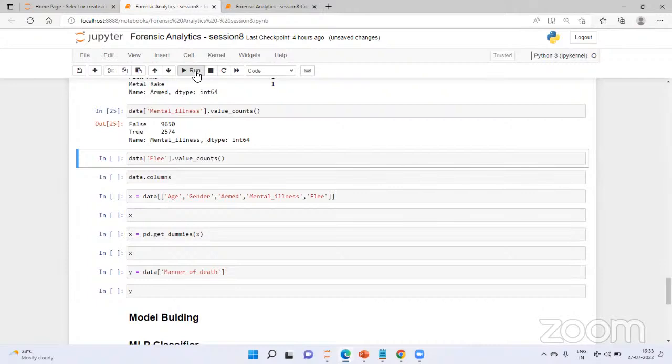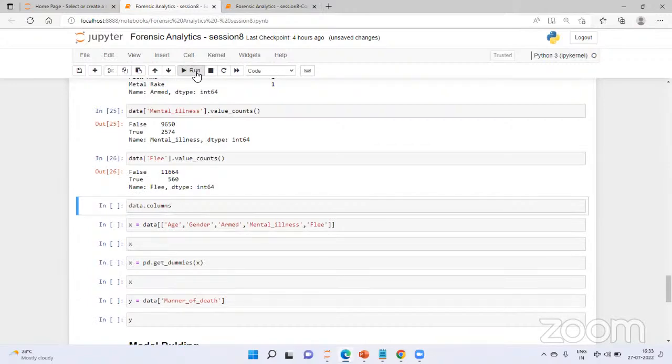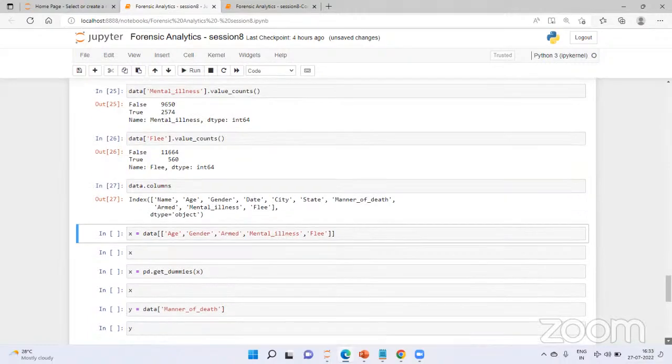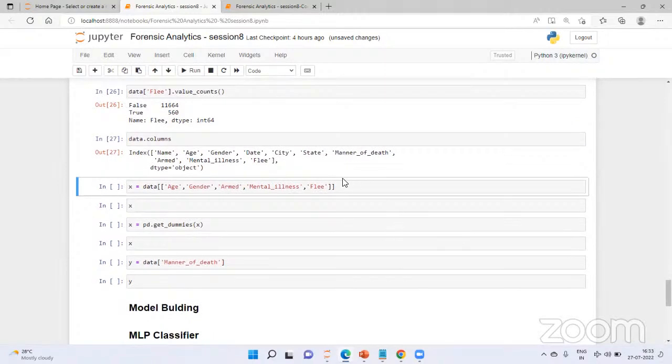Now flee is another column, related to our investigation: false, true. So now our columns are nothing but name, age, gender, date, city, state, manner of death, armed, mental illness, and also flee. Next, same as yesterday's class, I want to take some features.